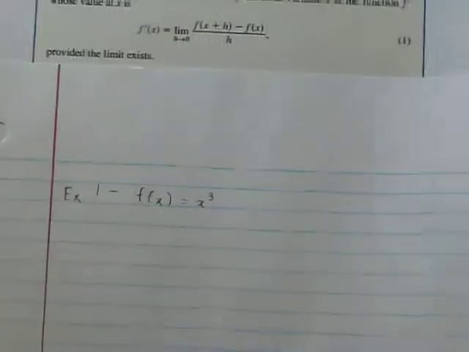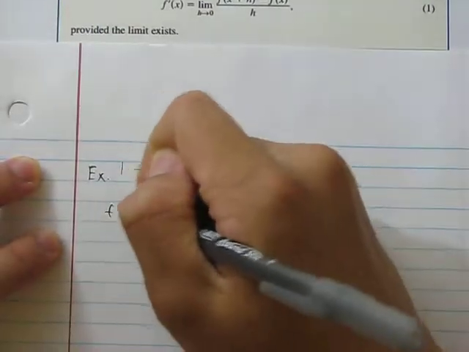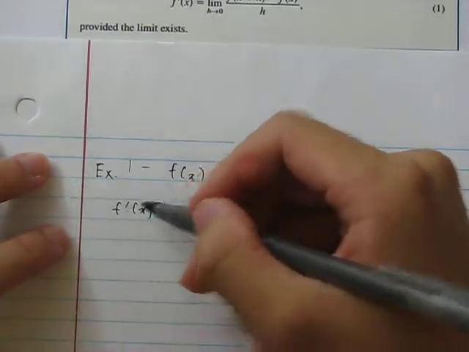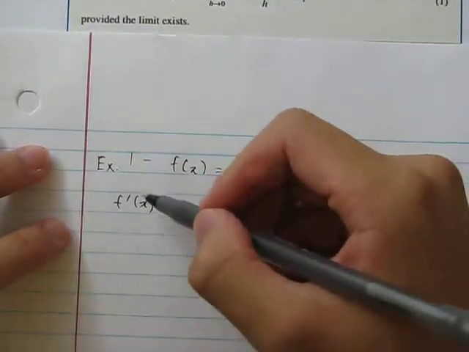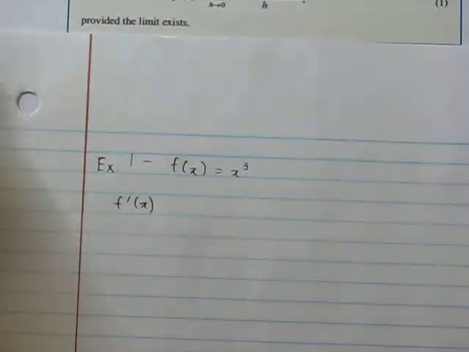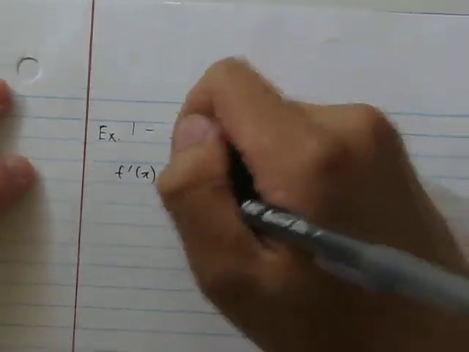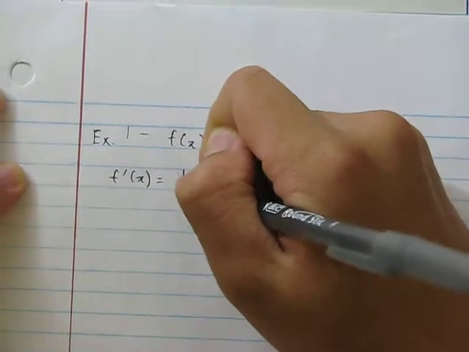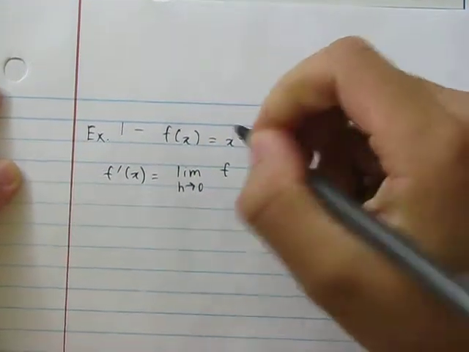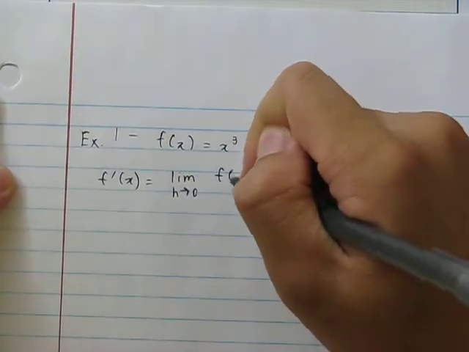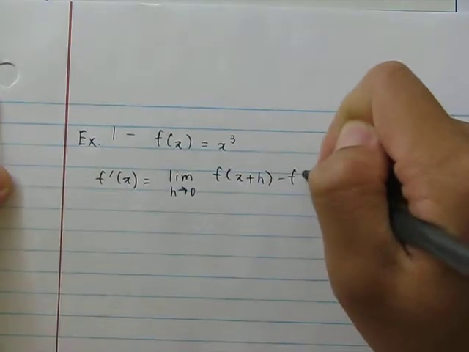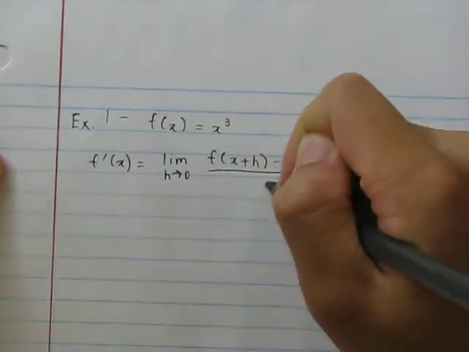So we're going to write f prime of x, which is f of x with an apostrophe between the f and the x, right? That just shows you you're dealing with derivatives, equals the limit as h approaches 0 of f of x plus h minus f of x over h, right?